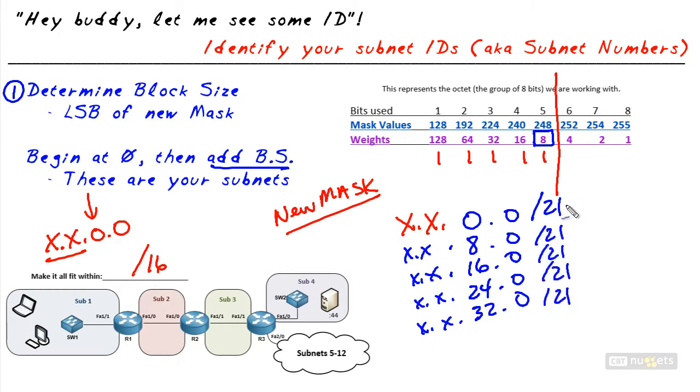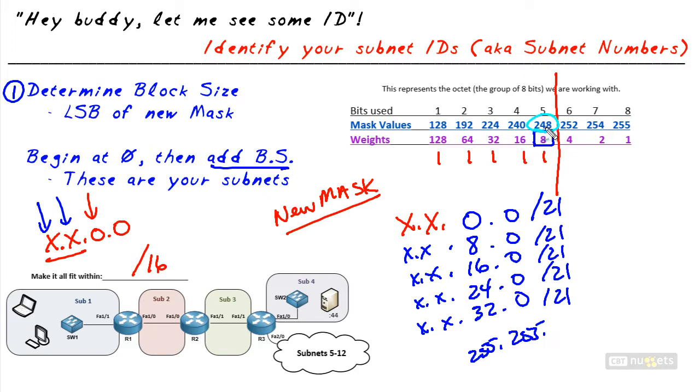And if we had to write out that mask in dotted decimal, it would be 255, which means the first octet is all network. 255. The second octet is all network. That was that way before we got here. And what we've done is we've stolen 5 bits from that 3rd octet. And to represent that, it would be 128 plus 64 plus 32 plus 16 plus 8.